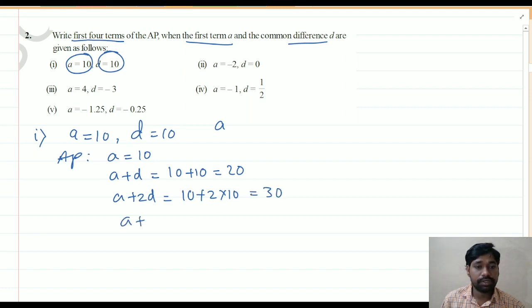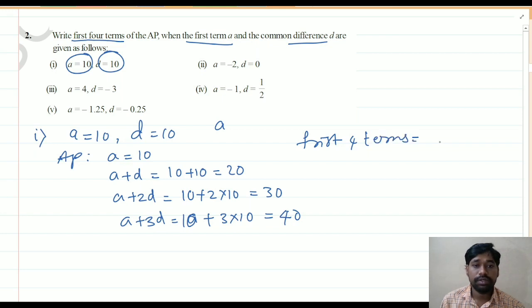Next a plus 3d is nothing but 3 into 10, which is 30 plus 10. It became 40. So first four terms are 10, 20, 30, 40. That's one. Okay.